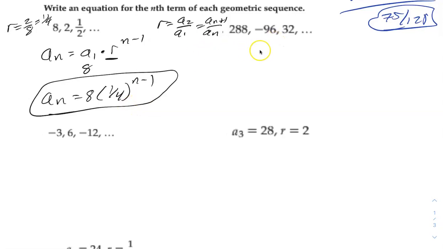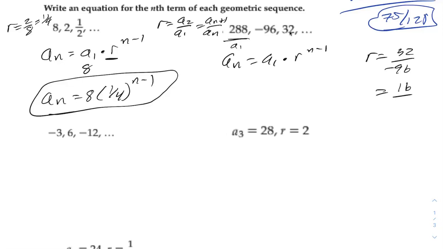Next one, same problem, right? an equals a1 times r to the n minus 1. Again, a lot of this is super easy. 288 is my a1. Done. What is my r? All we have to do is put the second term over the first term. Now I don't like negative 96 over 288. It's too big. I'm going to put 32 over negative 96. It works the same way. Divide them both by 2. I get 16 over, what is that, 43?